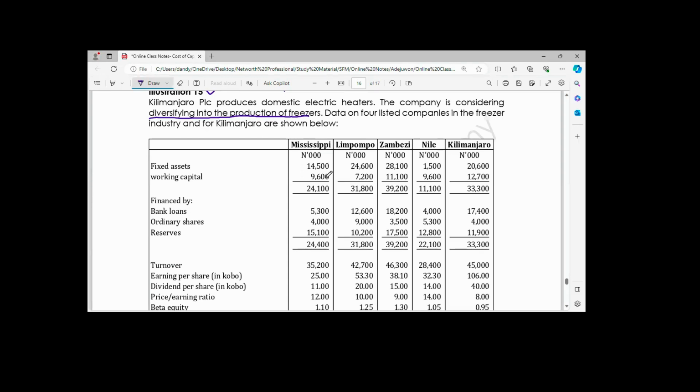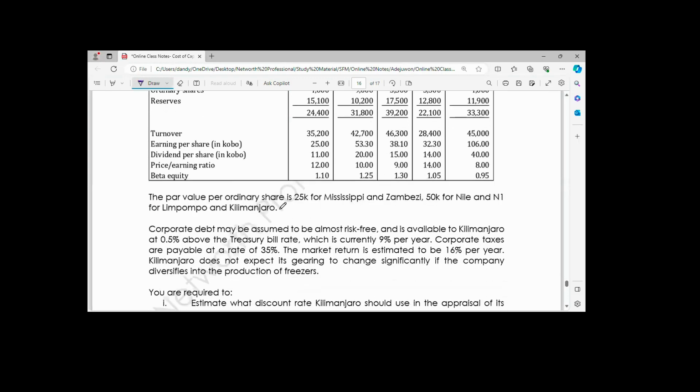We are given information on Mississippi, Limpopo, Zambezi, Nile, and then Kilimanjaro. The par value per ordinary share is 25 kobo for Mississippi and Zambezi, 50 kobo for Nile, and 1 naira for Limpopo and Kilimanjaro.